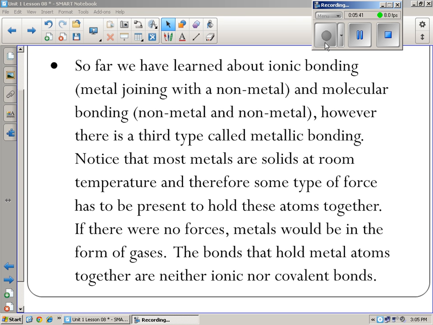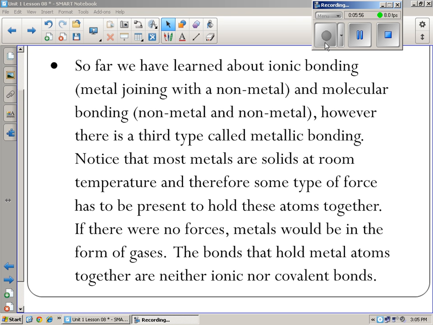If there was no metallic bonding, metals could very well be gases. And of course, that'd be a little bit of an issue for us because you wouldn't have a chair to sit in and whatnot.